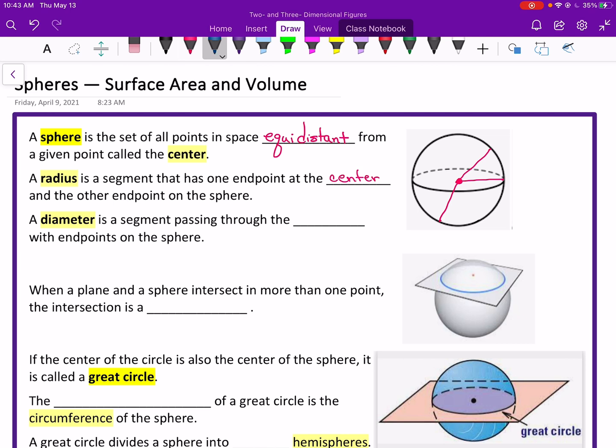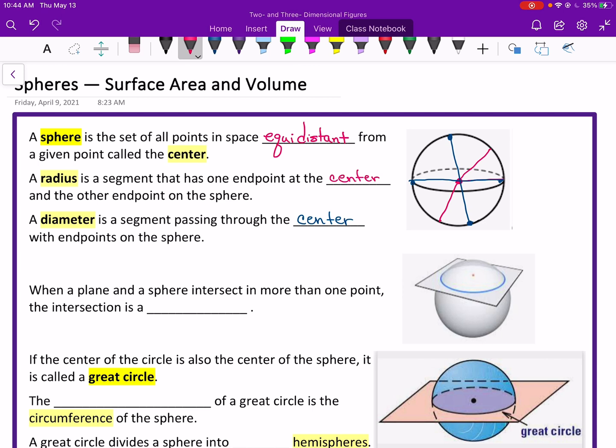A diameter is a segment that passes through the center and has endpoints on the sphere. So both endpoints are on the sphere, and it has to go through the center. There's an infinite number of diameters and an infinite number of radii in a sphere.